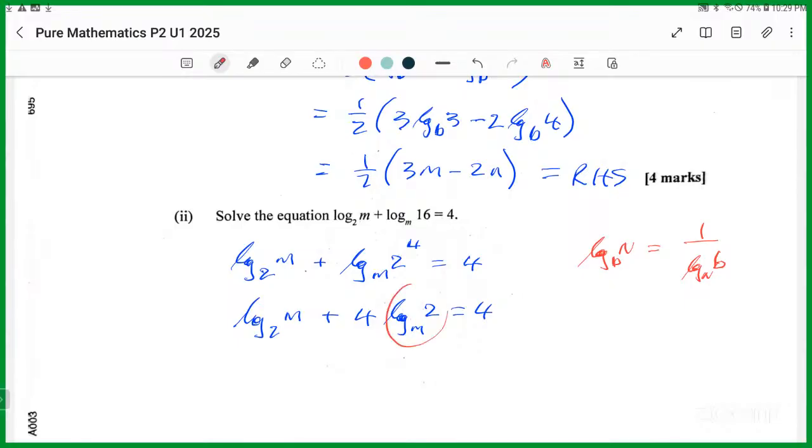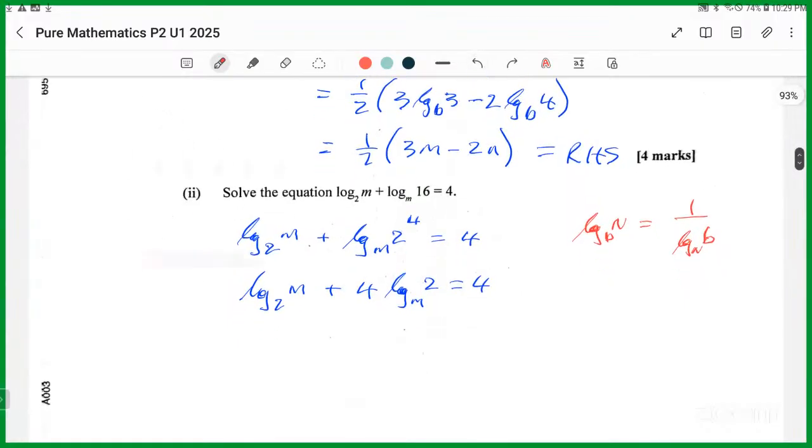We can do the reciprocal with that. So this becomes log to base 2 of m plus, when I do the reciprocal, multiplied by 4 over log to base 2 of m equals 4.